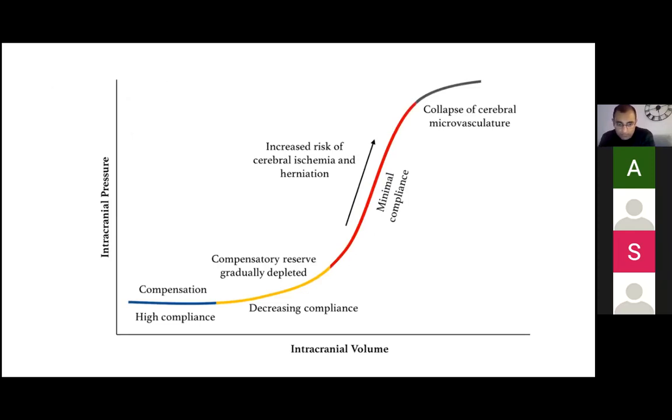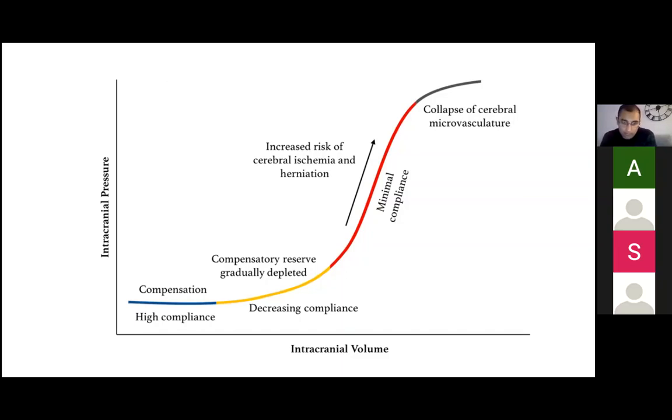So Lauren was talking about this compliance, this compensation. Initially, if we look at the start of the curve, we have high compliance and this compensation. So an increase in intracranial volume does not result in a raised intracranial pressure because we've got this compensation of venous return and of CSF, losing CSF.